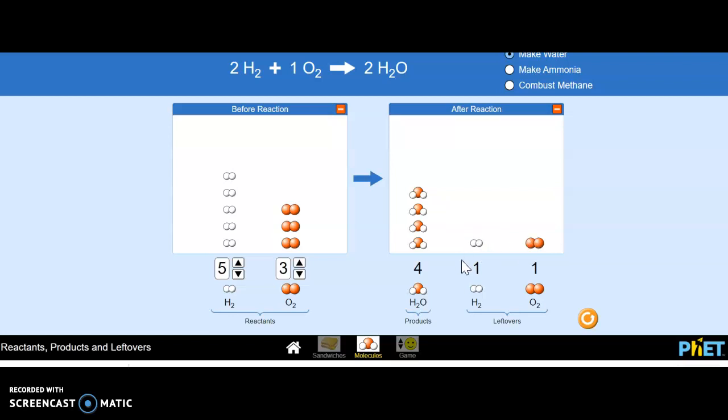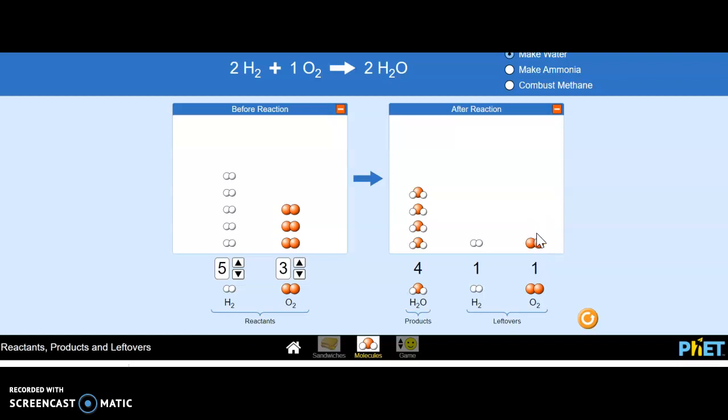We would have enough hydrogen to make another one, but we can't separate this oxygen. So our limiting reagent here is going to be the oxygen because it doesn't want to be alone.